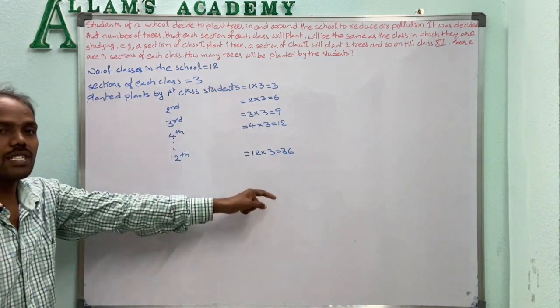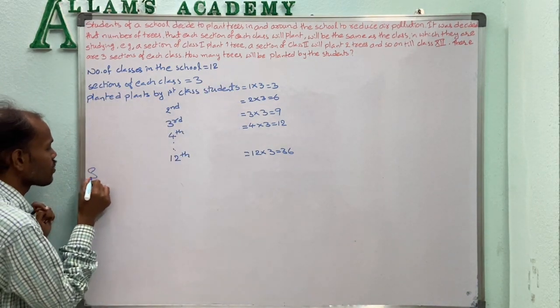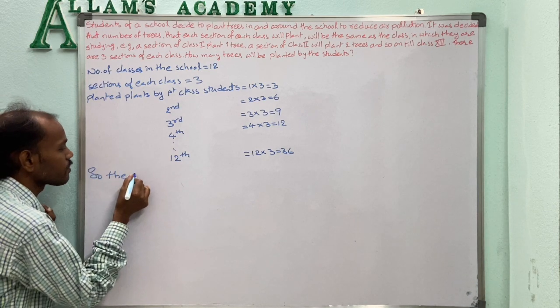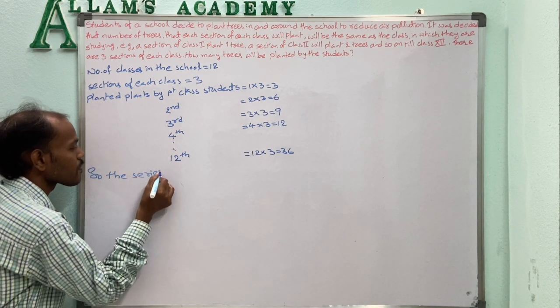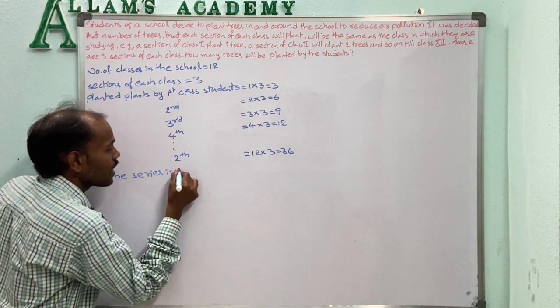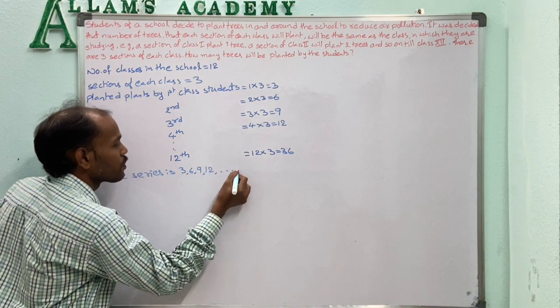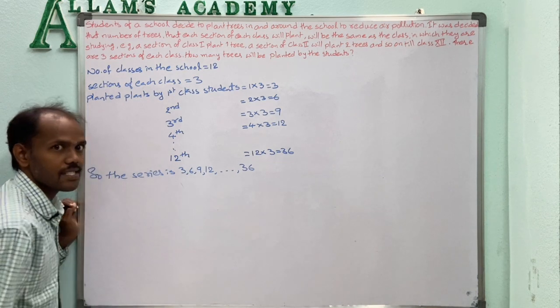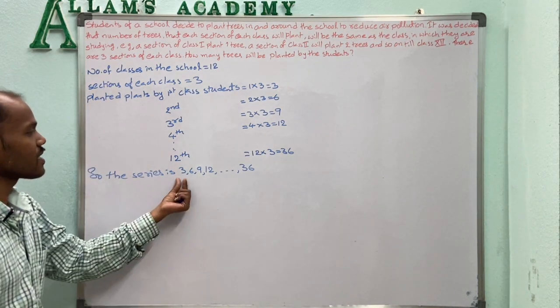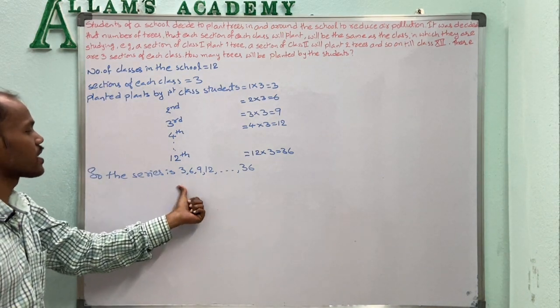Now this information will be written as a series. So the series is 3, 6, 9, 12 and so on up to 36. Now here we first observe whether this series is in arithmetic progression or not.